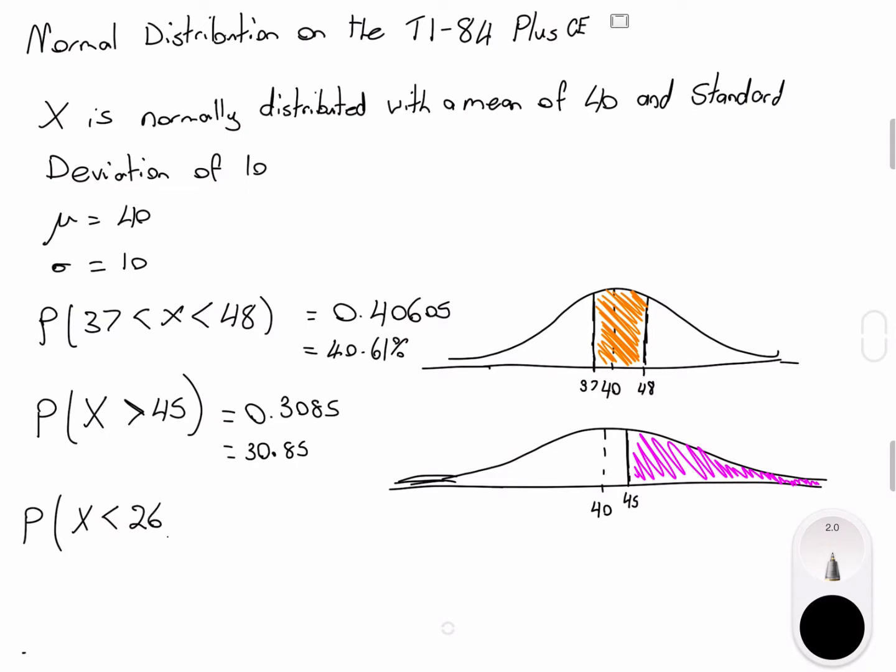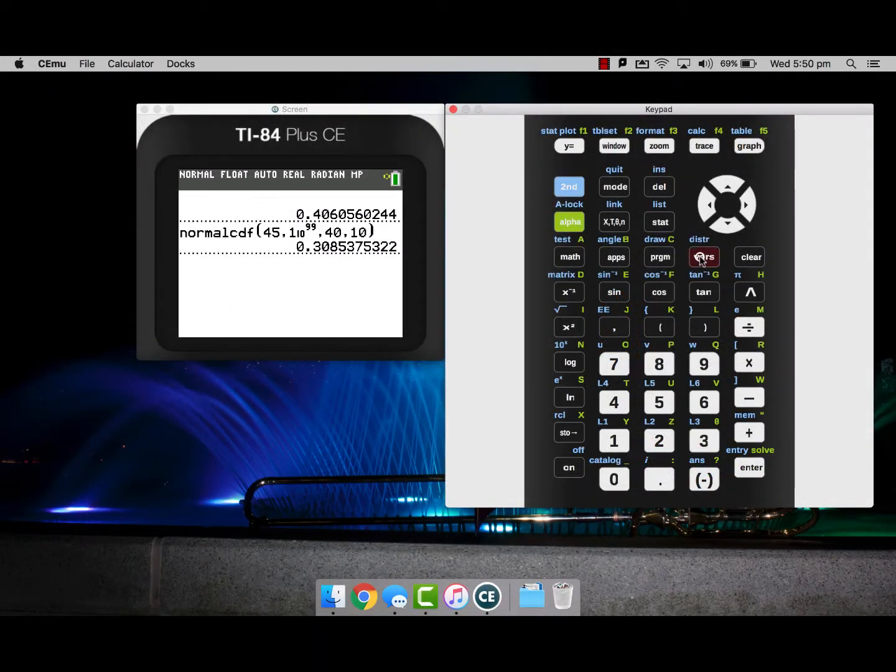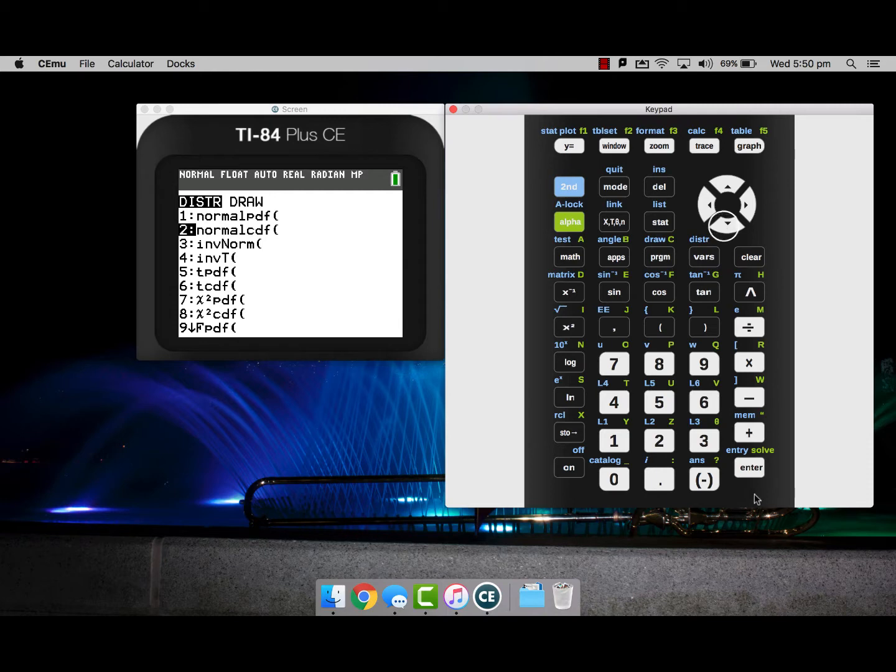Right, the final one we're going to look at is the probability that x is less than 26. Let's see what this equals. Again, second DISTR, down to normal CDF, and this time we're going to put in minus 1, second log, which will give us our 10 again, and 99. Enter, and our upper limit this time was 26.